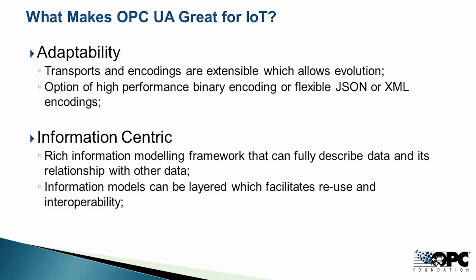Below that, in the stacks, we have the different transports. And what this means is that we can drop in different transports to meet the needs of different applications in different contexts. And that's what a lot of this talk is going to be about, talking about how we can put in different transports to meet different use cases needed for IoT applications.